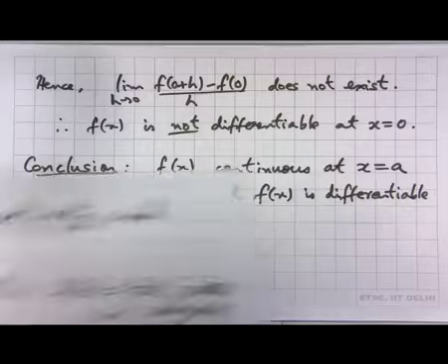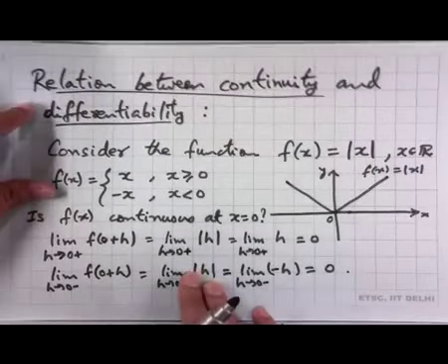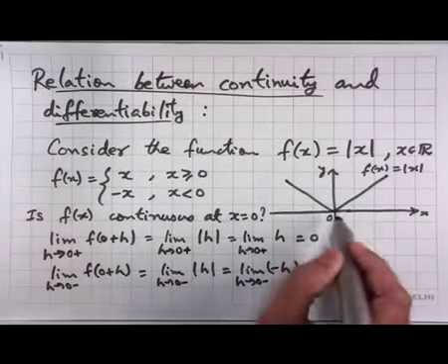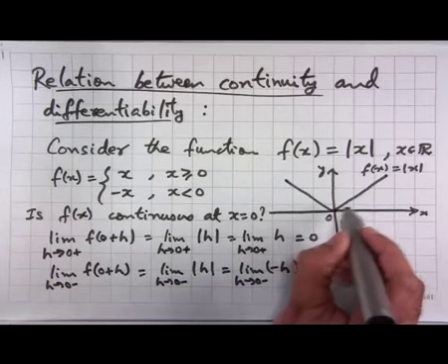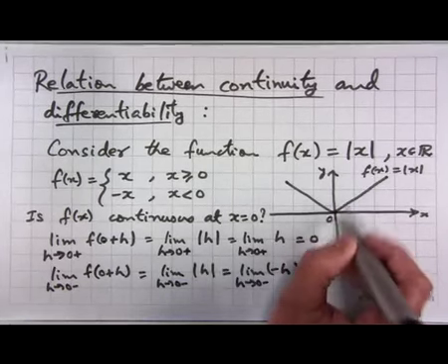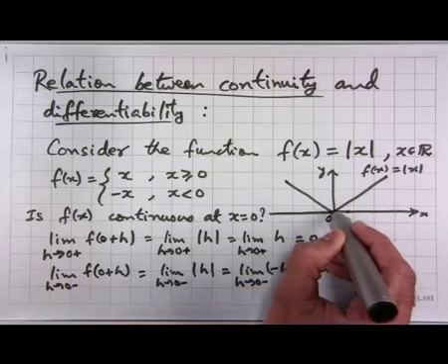Let me come back to this graph and also explain geometrically how you can deduce that the function is not differentiable at this point 0.